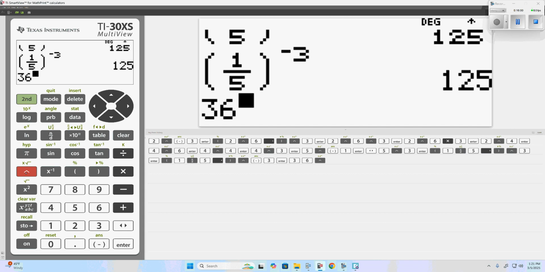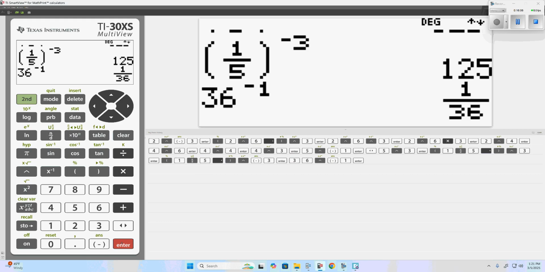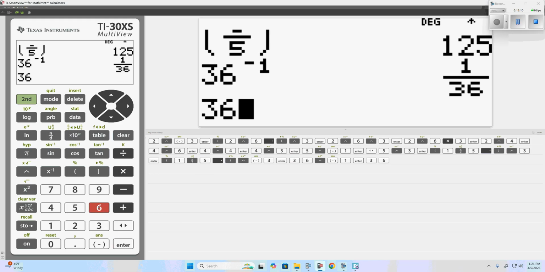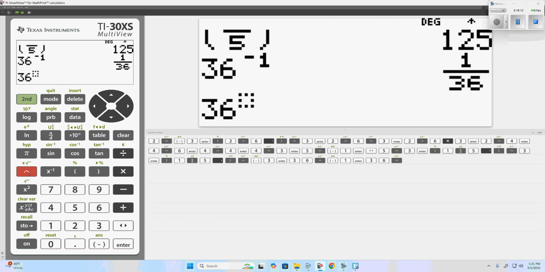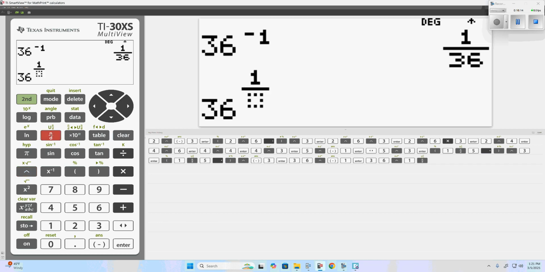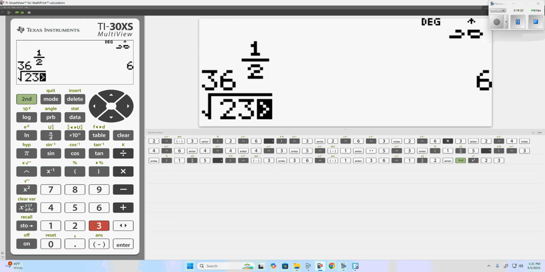So you can say 36 to the negative what? Can we use it like a fraction? I was thinking that.